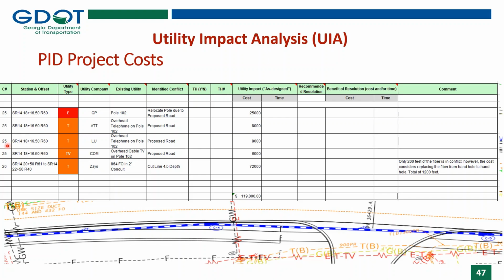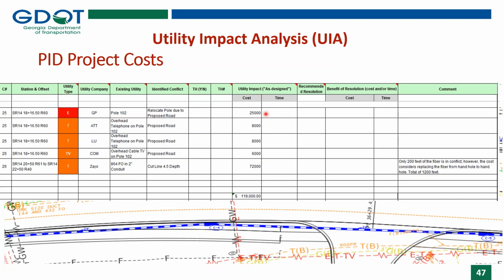Okay, so now I'm going to show you how poles are displayed in utility impact analysis. The pole conflict should be shown in this way to ensure that utility owners' costs will be included in the overall PID project costs. Overhead, there's an electric pole. That's the owner of the pole, number 102.